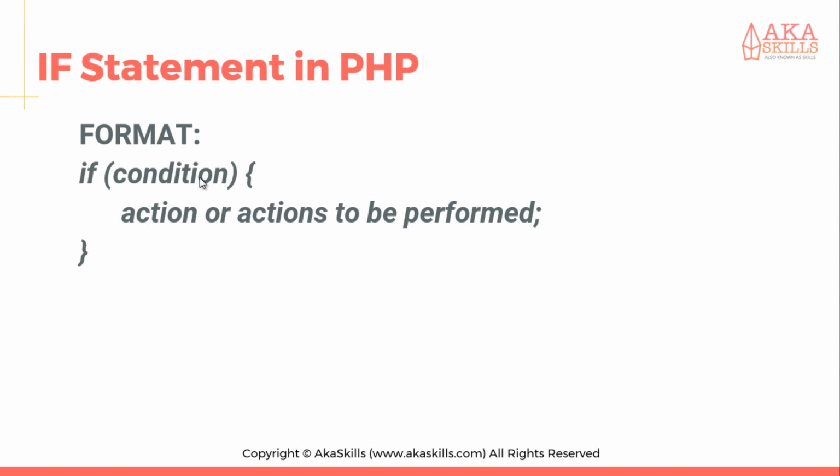Within the parenthesis is a condition or conditions you would like to specify. So you are going to say within this parenthesis that this is this or that is that. So we are saying if this is this or that is that, then what should be done?